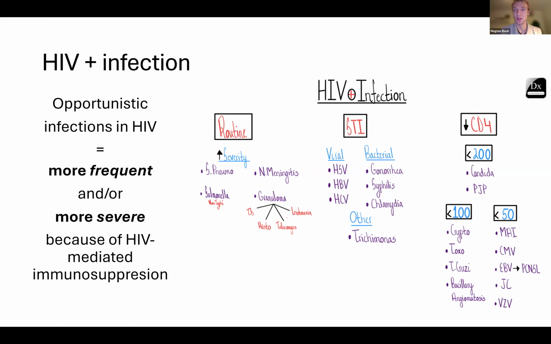But these include fungal diseases like Cryptococcus and PCP, but also parasites and viral diseases again, and mycobacterial infections also. So there are many. It really expands the differential when we have severe immunosuppression.